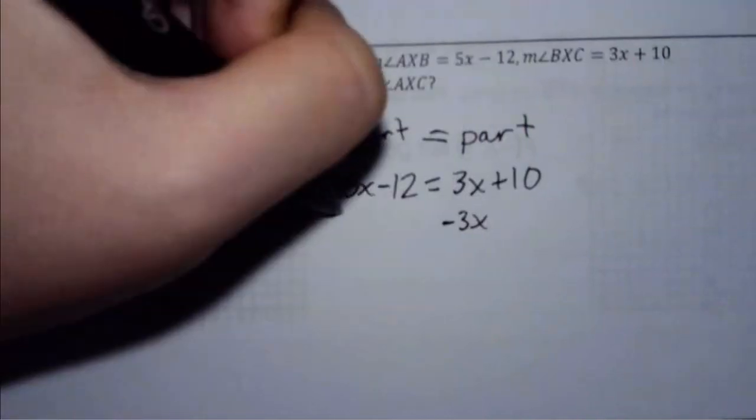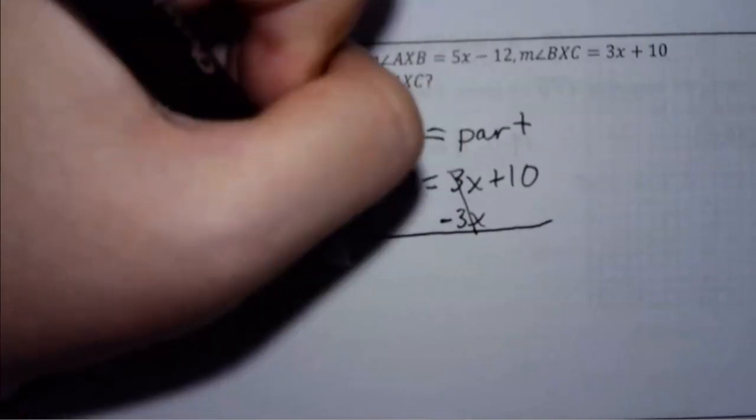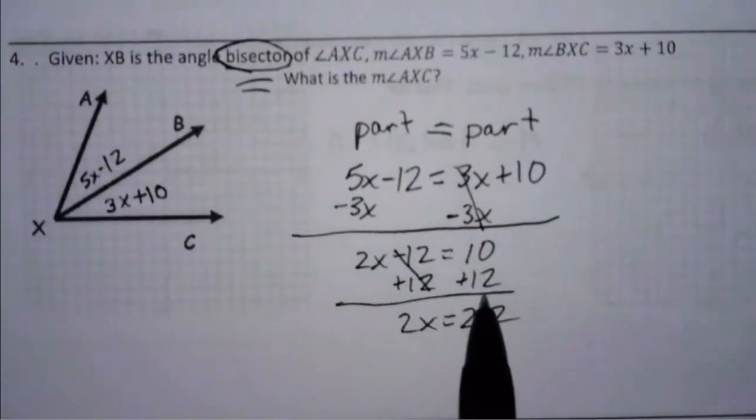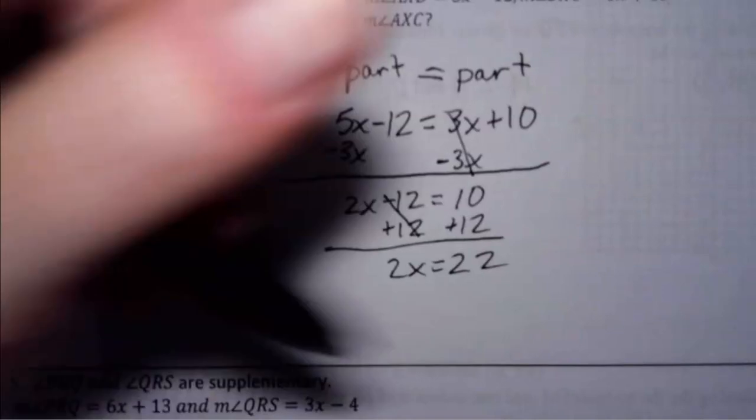So minus 3x on both sides, subtracted on both sides, I guess. 2x minus 12 equals 10. So I subtracted 3x on both sides, I added 12 on both sides, and then divide by 2.